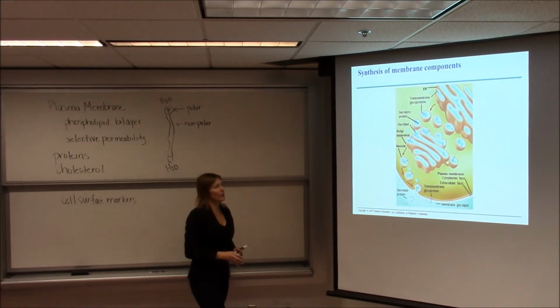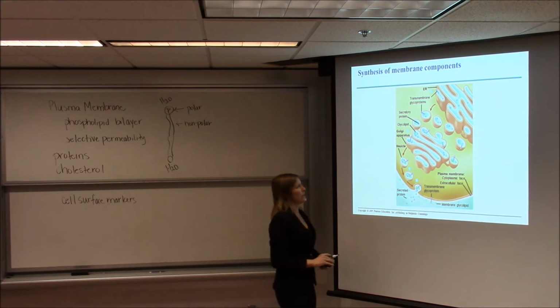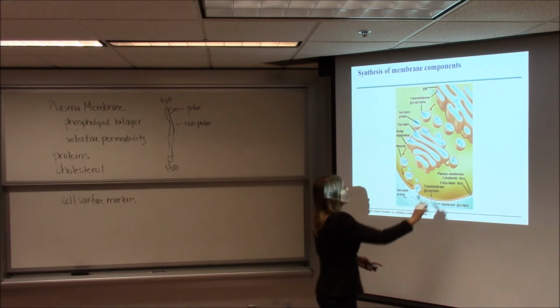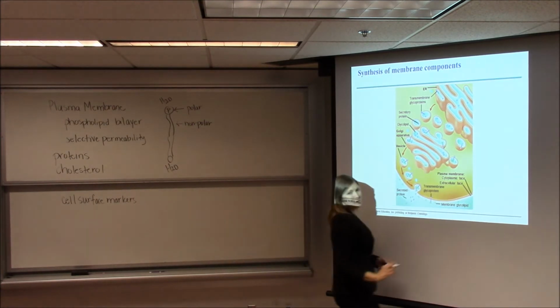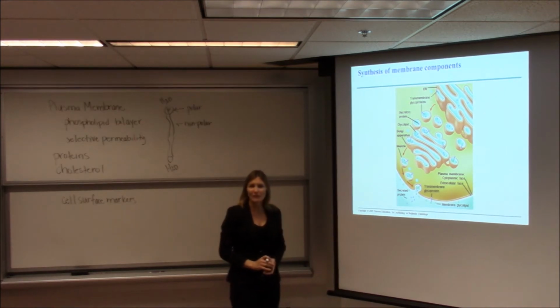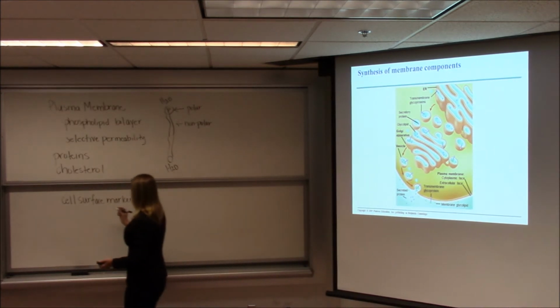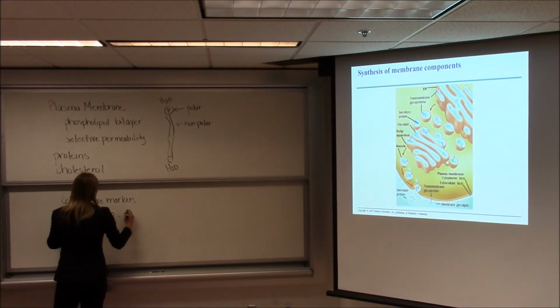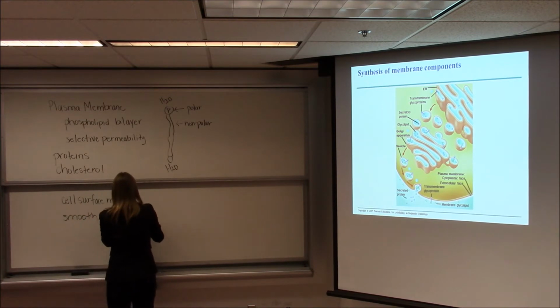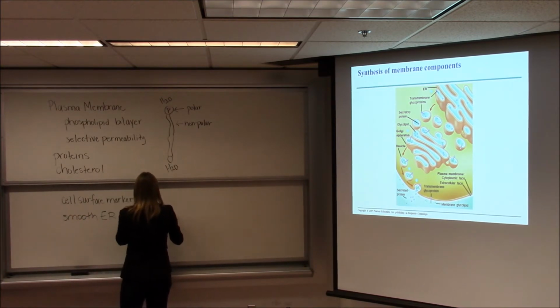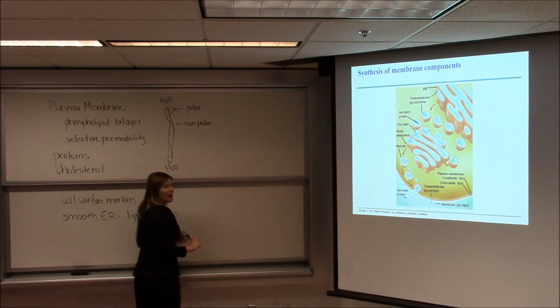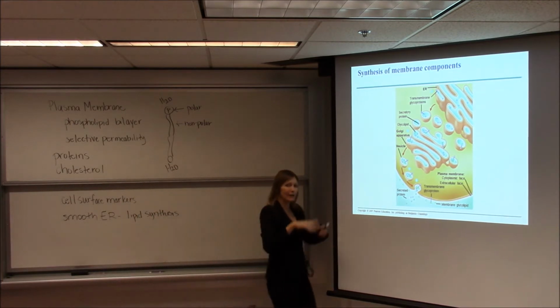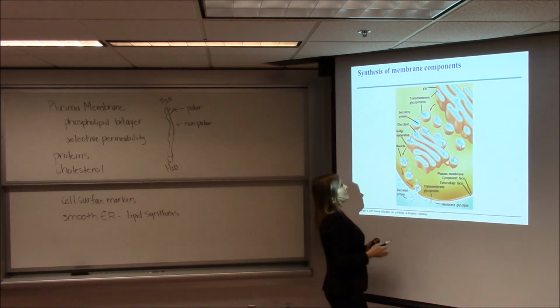This just shows you a reminder of the endomembrane system in the cell. So starting with the ER, remember smooth ER is involved in lipid synthesis. So a little reminder of the role of smooth ER in this whole process. Smooth ER is involved in lipid synthesis. So it's going to play a role in assembly of membranes in the cell and surrounding the cell.